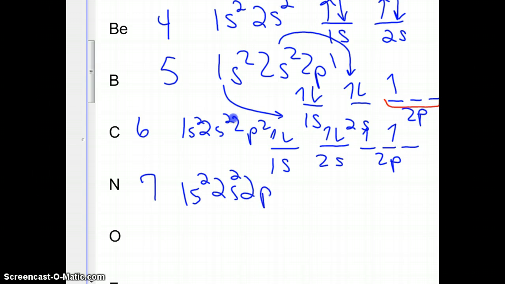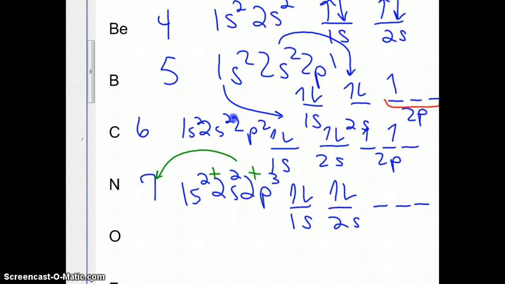I hope you wrote 2p3. Because remember what I said earlier, if I add 2 plus 2 plus 3, that should always add up to the total number of electrons. So how do I do the orbital notation? It's very similar to the other one. But now I need to place 3 electrons in the p orbital. So I go 1, 2, 3.